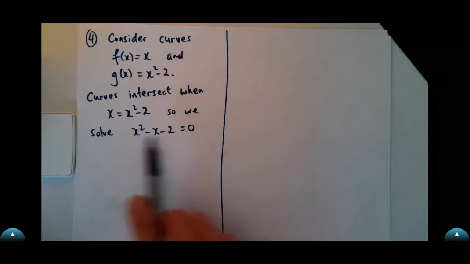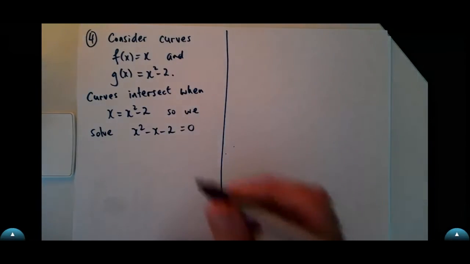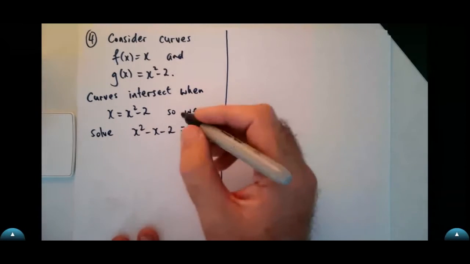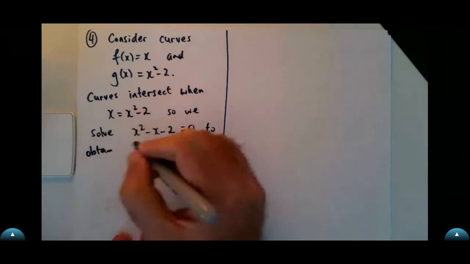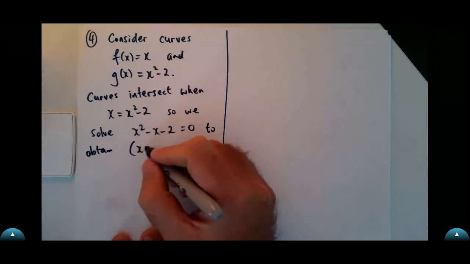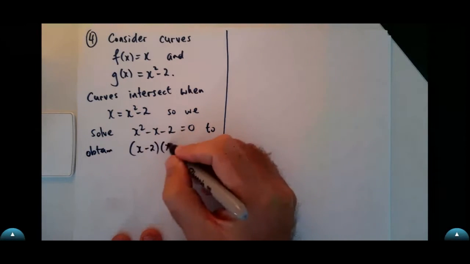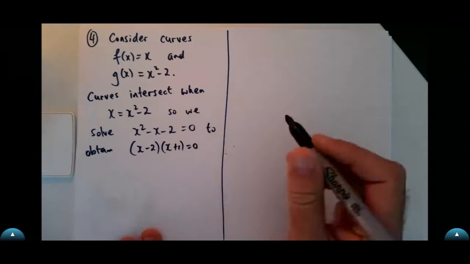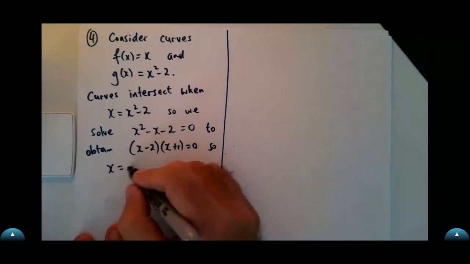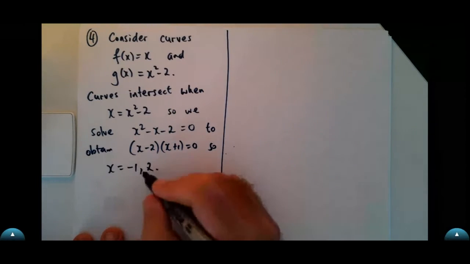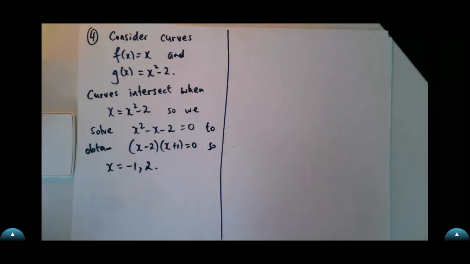We can factor the left-hand side. These are the x points where the two curves touch, just like we saw in the GeoGebra picture.